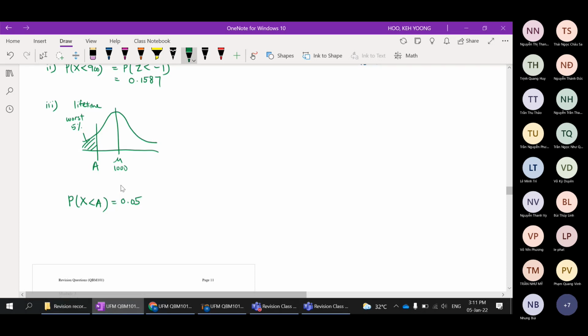Next, you convert it to Z. You have Z less than A minus the mean, divided by the standard deviation, which is 100, equals 0.05. In the Z distribution the mean is 0, and you get A minus 1000 divided by 100.